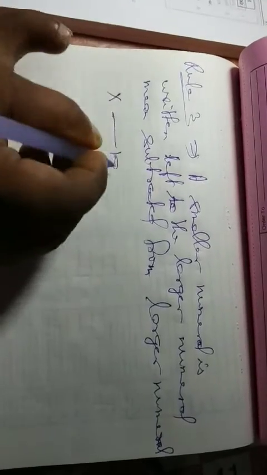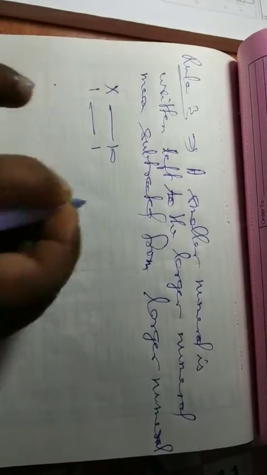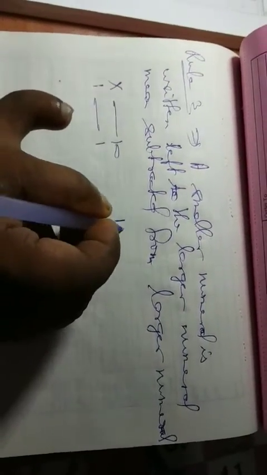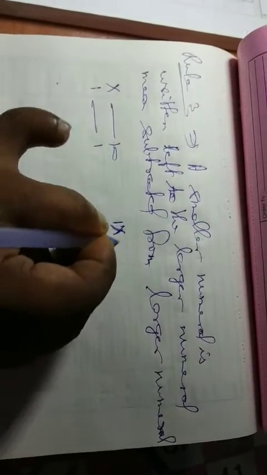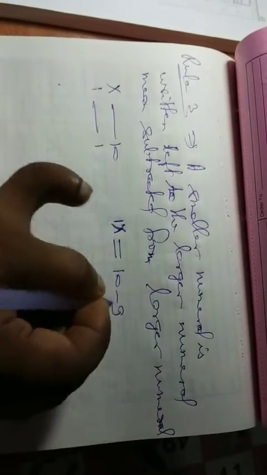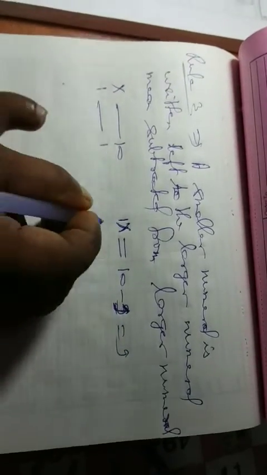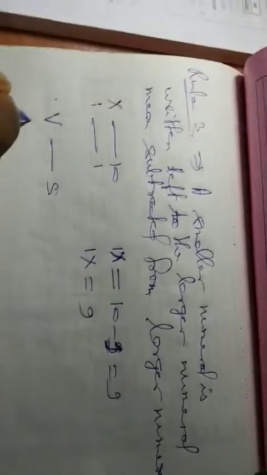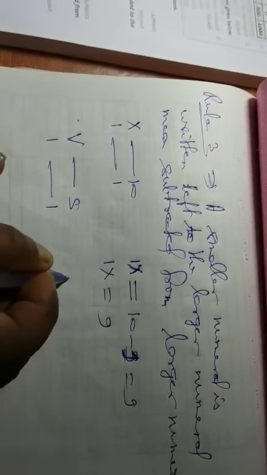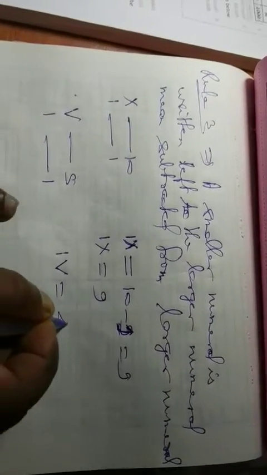Suppose X is 10, I is 1, but if anyone writes IX, it means 10 minus 1, it is 9. So IX means 9. V is 5 and I is 1, but IV means 5 minus 1, it is 4.